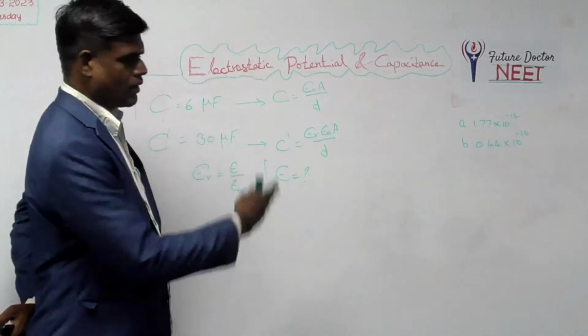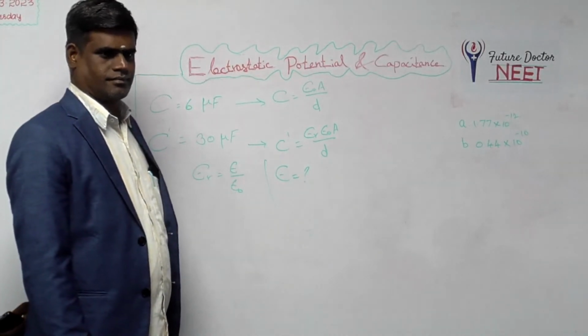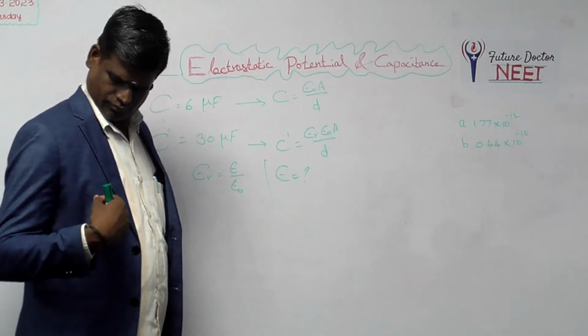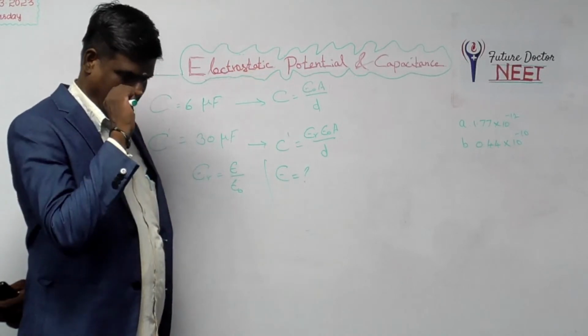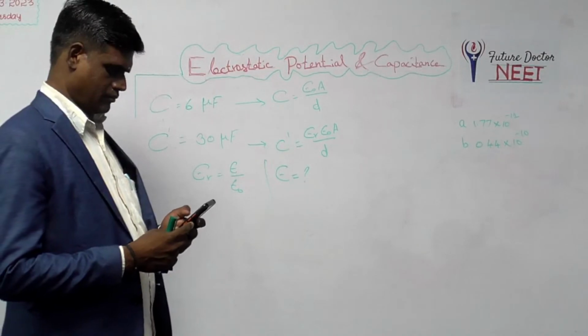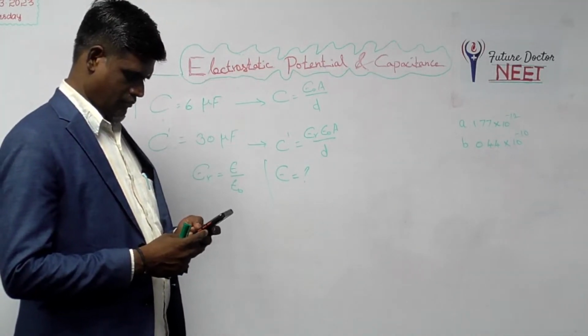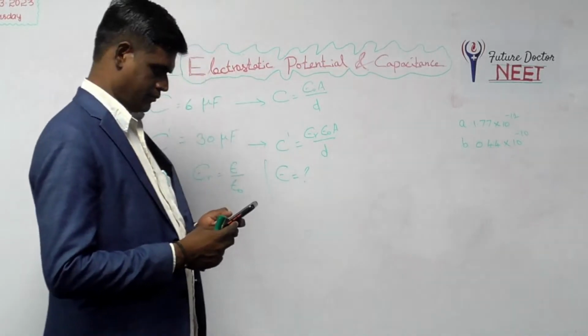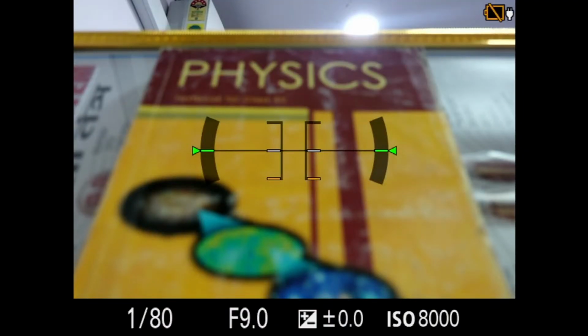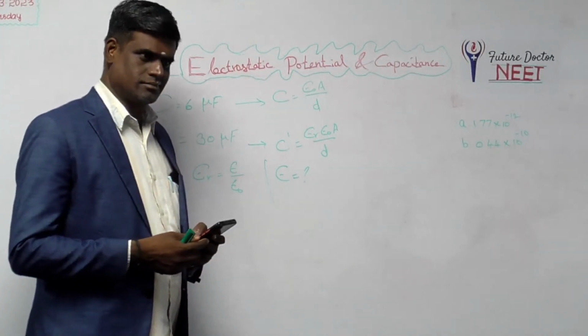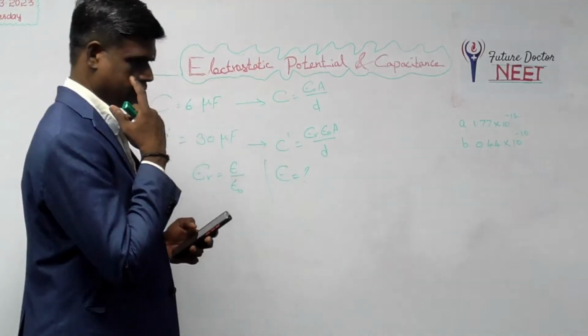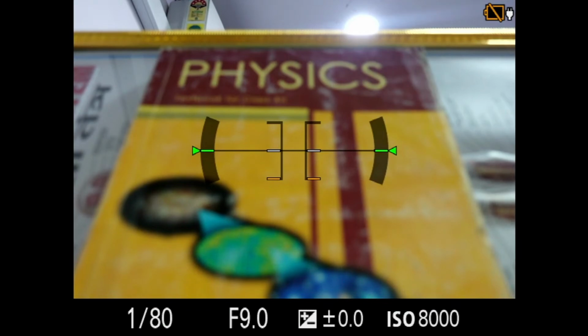Simplify, you can find epsilon. Then check which option is correct. 5 into 8.85, is it coming 1.77 into 10 power minus 12? You got epsilon r value, epsilon r 5. Got or not?